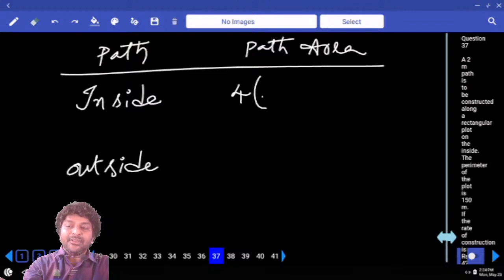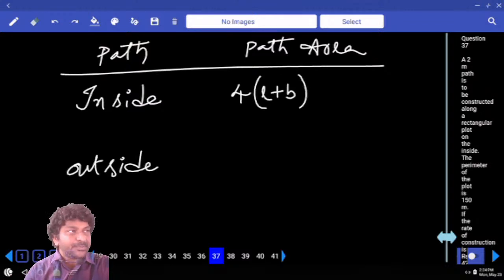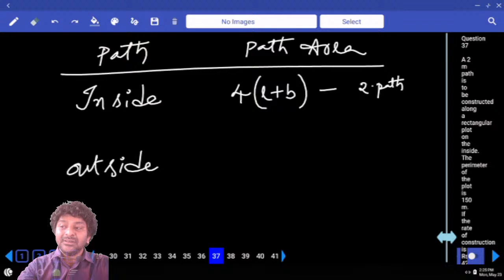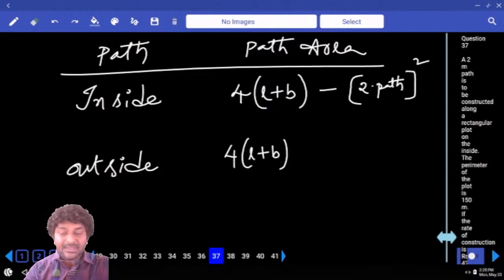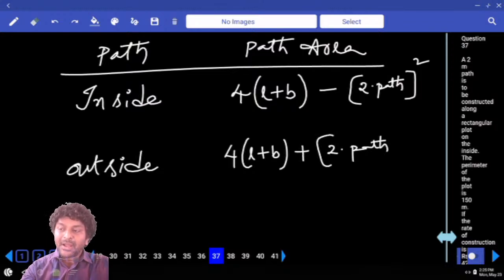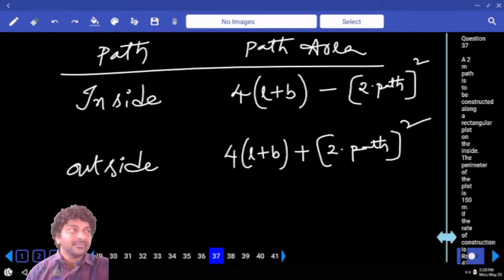Here it is going to be 4 times L plus B minus 2 times the path whole square. And here it is going to be 4 times L plus B plus 2 times the path whole square. Minus and plus, that's the only difference. If it is inside, minus; outside, plus.